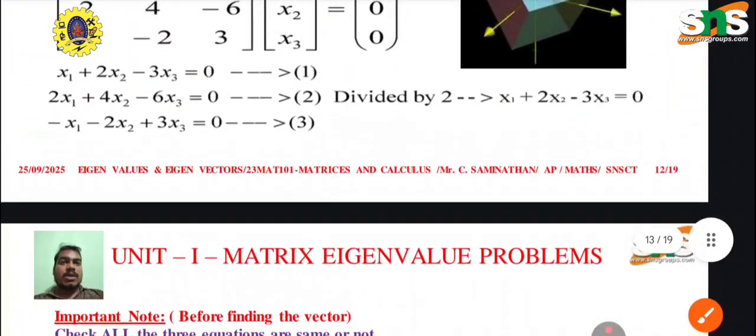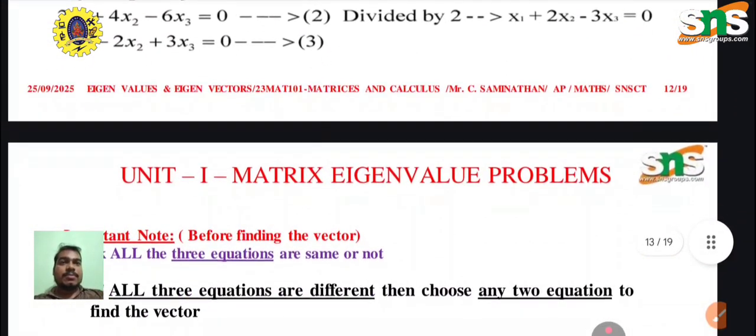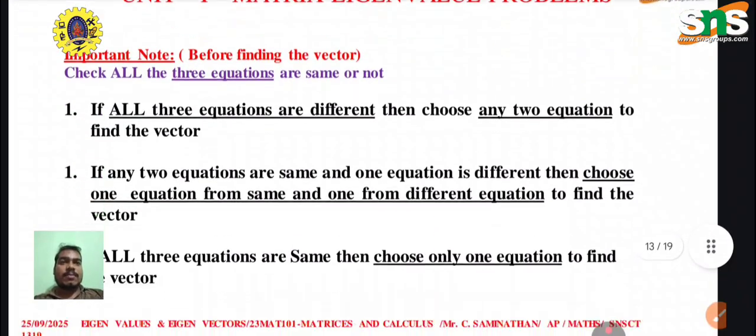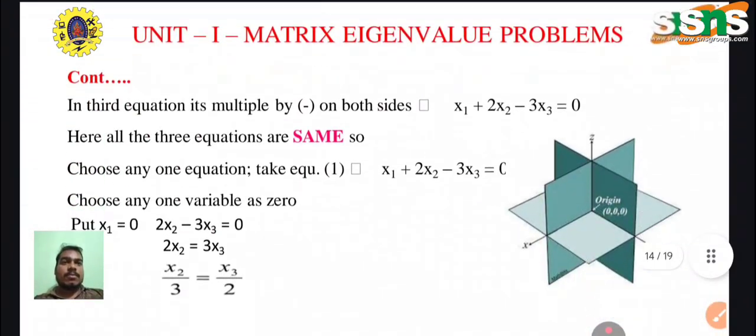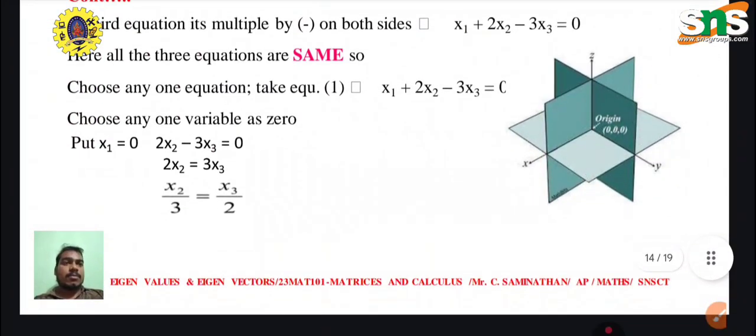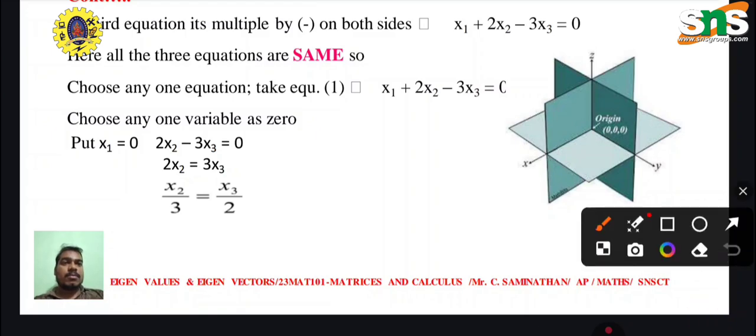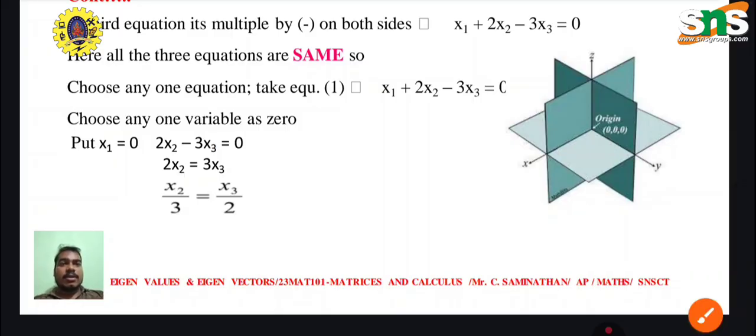From equations 1 and 2 we get eigenvector 1.